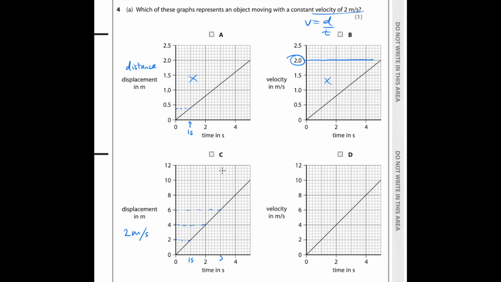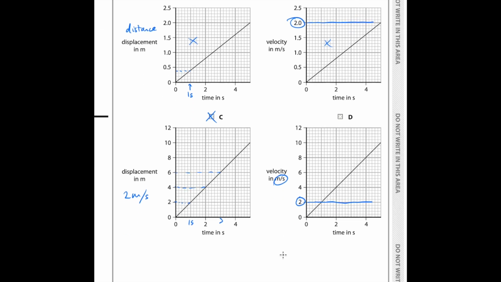So that's your velocity there, the answer is C. That's velocity time. So once again, if you were travelling at 2 meters per second, constant speed, it would be like that. So be careful, don't get your velocity time graph mixed up with your displacement or distance time graph.